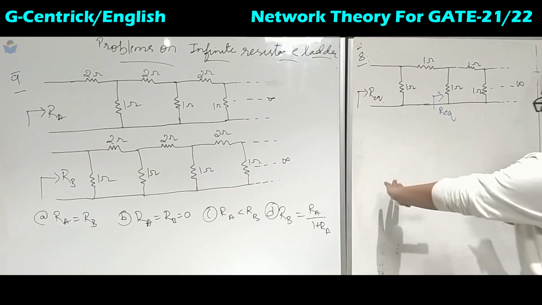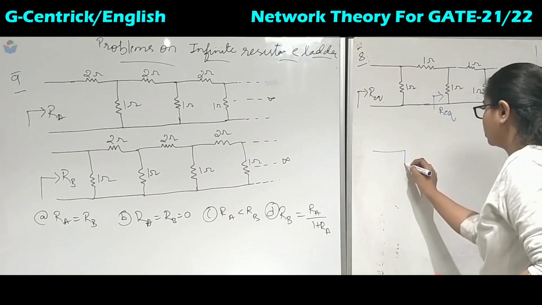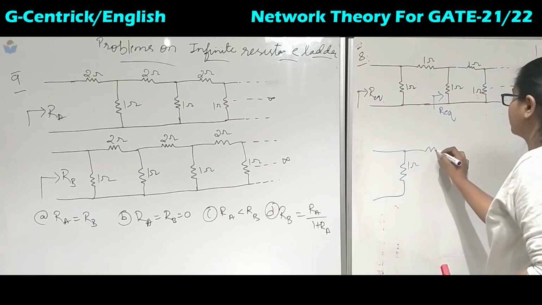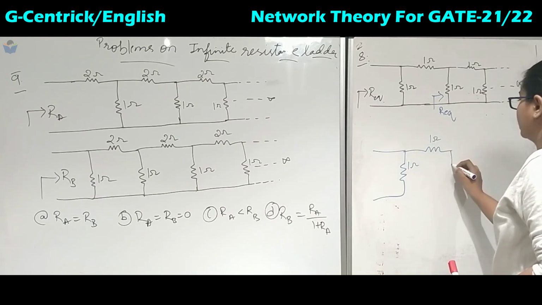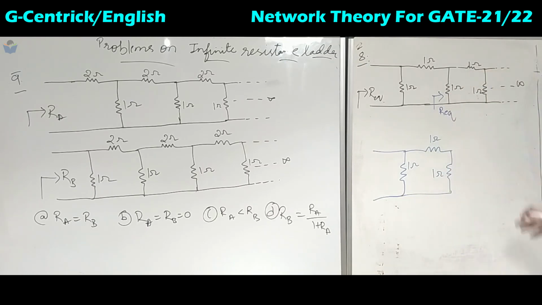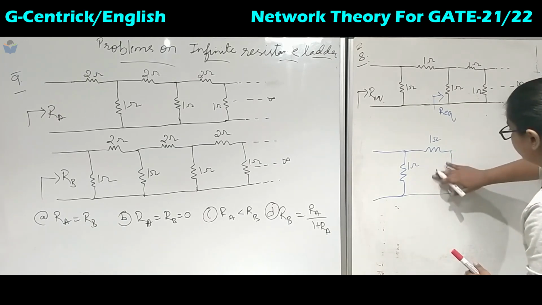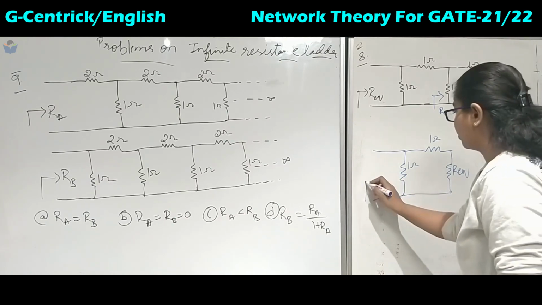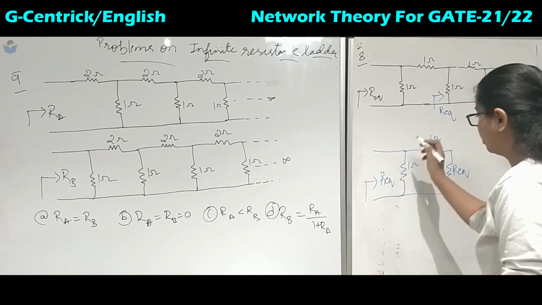So we can redraw this circuit as, this is 1 ohm, this is also 1 ohm, here also it is 1 ohm, and this whole circuit we can replace with R equivalent. Here we have to find R equivalent.